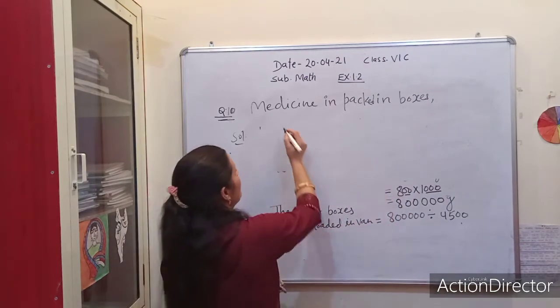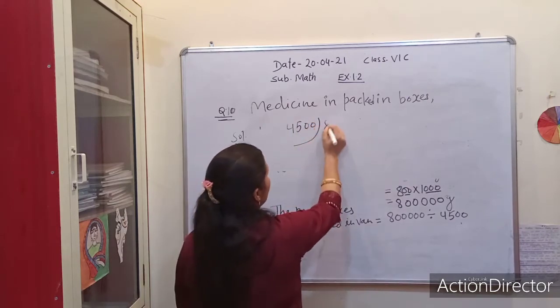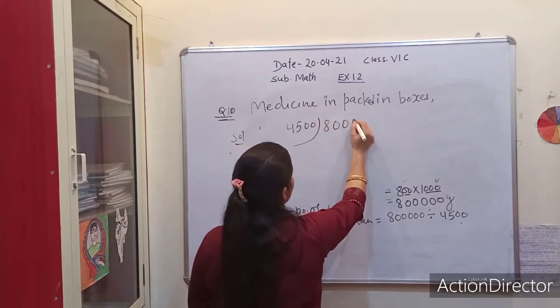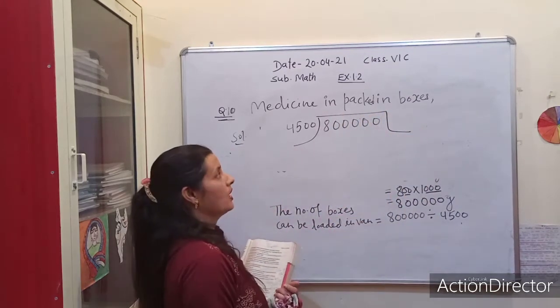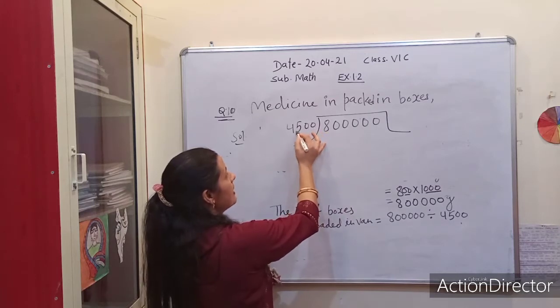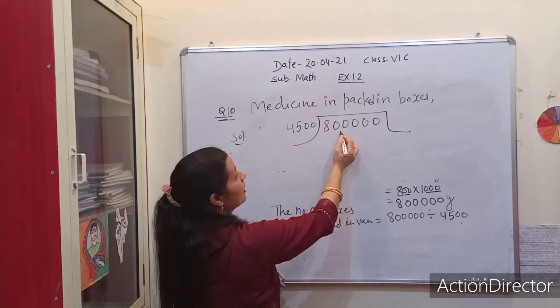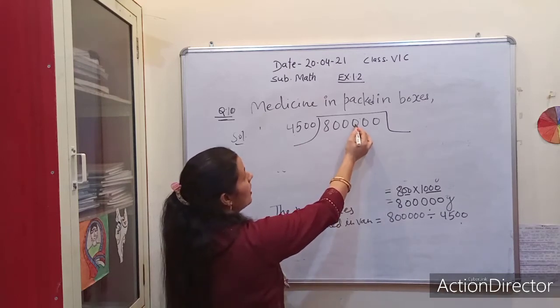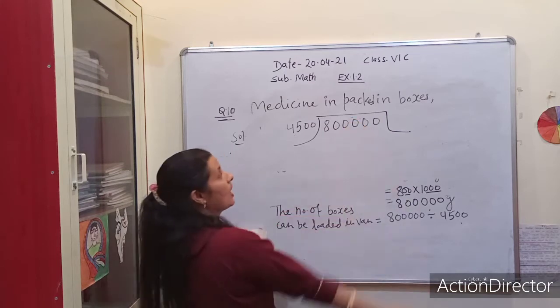Now just divide it. 4500. Here we will write 1, 2, 3, 4, 5. Now here is 8 lakh. Ones, tens, 100,000. 4500. So we will choose the digits up to 8000.